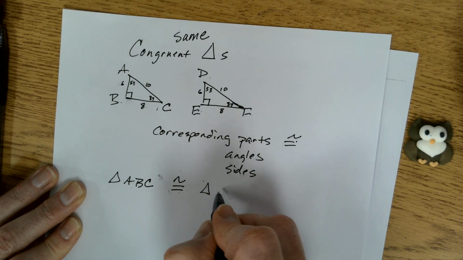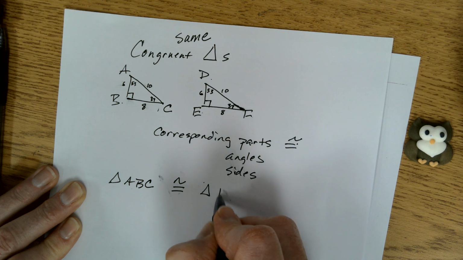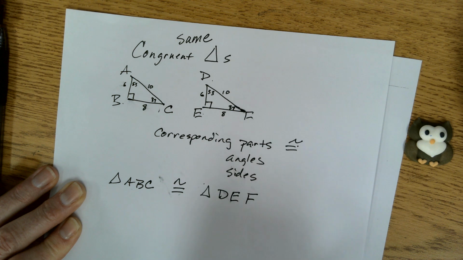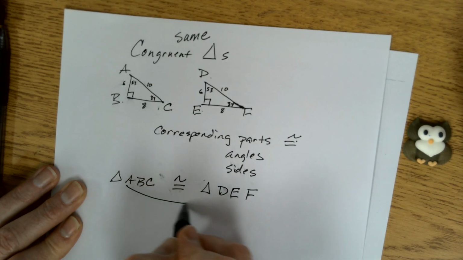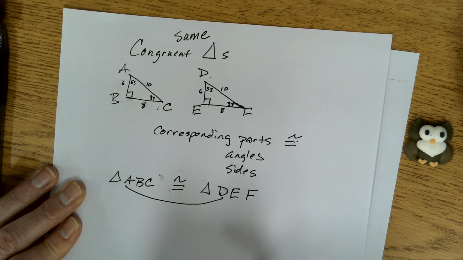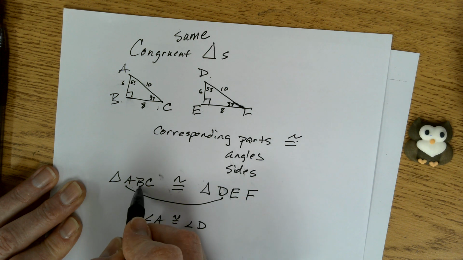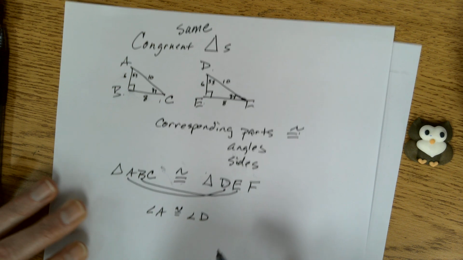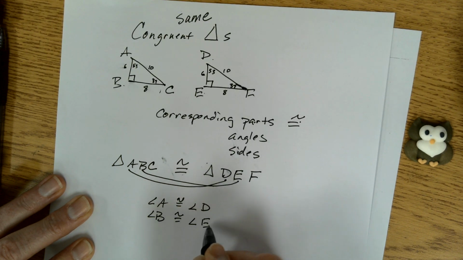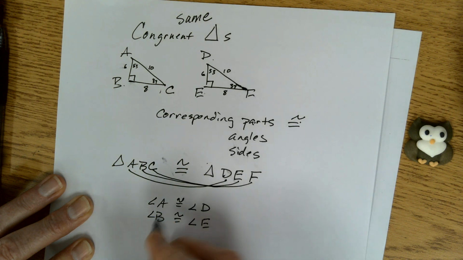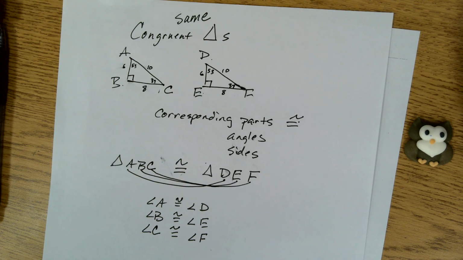So the congruence statement means angle A and D are corresponding parts. Angle B has to match with angle E. And then angle C has to match with angle F. This is what you learned before, okay?